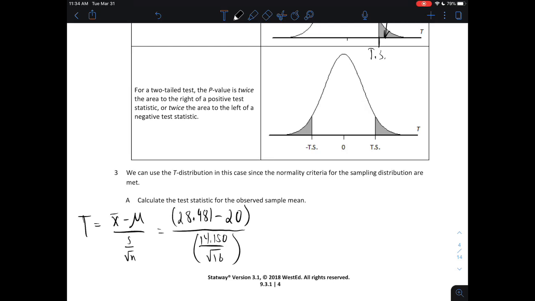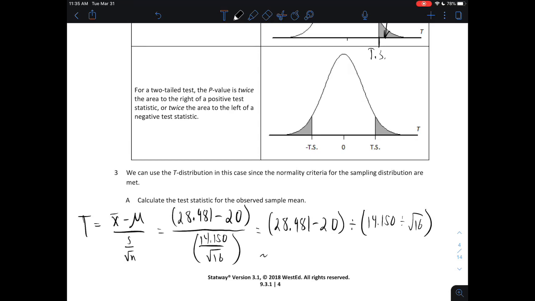Notice how I'm using parentheses here. This way, if you're trying to use your calculator all at once, you want to make sure that you're typing it in that way. So 28.981 minus 20, and then divide parentheses 14.150 divided by the square root of 16.